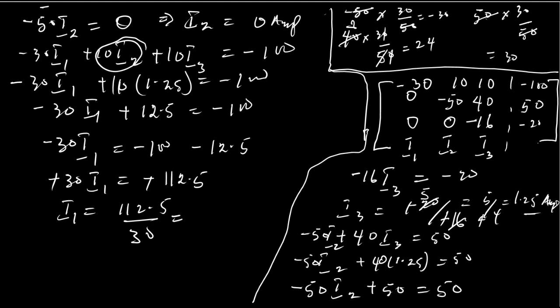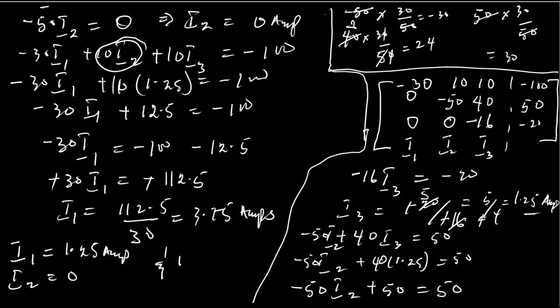Then I1 is equal to 112.5 over 30, that's 3.75 from my calculator, amps. Now, we can conclude that my I1 is equal to 3.75 amps, my I2 is equal to 0, and my I3 is equal to 1.25 amps.